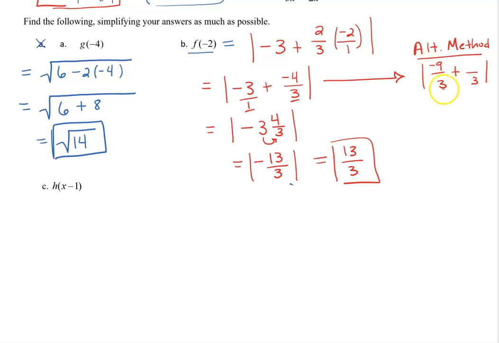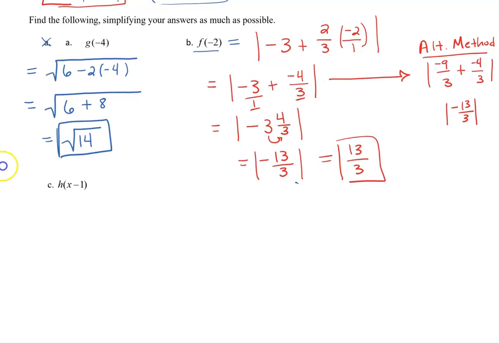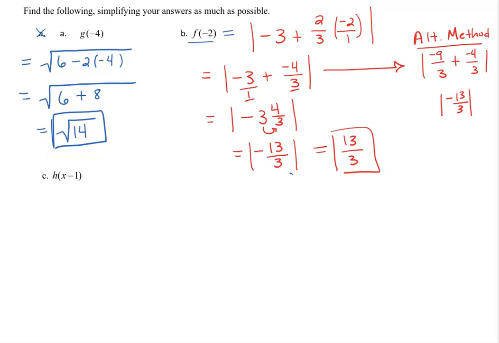So -9/3 is equivalent to -3. And this would be -4/3 because we have the same denominator, so we would keep the same numerator. And now you get -13/3 as well. So either way you want to think it through is fine with me, or you can do it on the calculator. But I think it's important for us to remember how to do this by hand so that all the work we're doing makes sense to us.